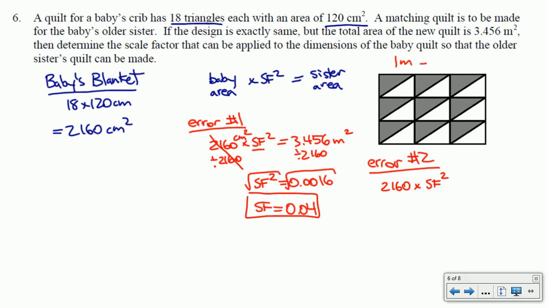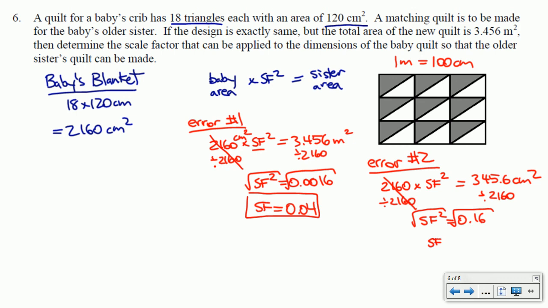I know that 1 meter equals 100 centimeters, so I'm going to multiply 3.456 meters squared by 100 to get 345.6 centimeters squared. Again, I'm going to divide both sides by 2160. 2160 divided by itself on the left is 1, so we get scale factor squared equals 0.16. I need to square root both sides of this equation, and I get a scale factor of 0.4.